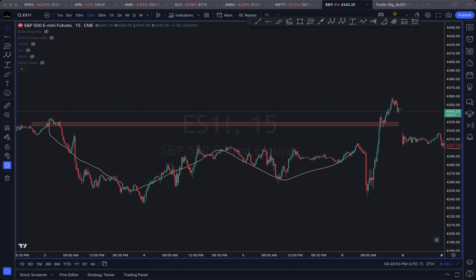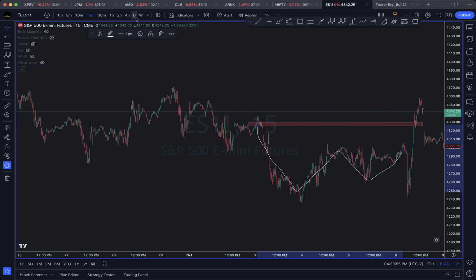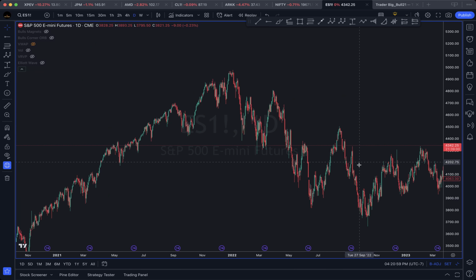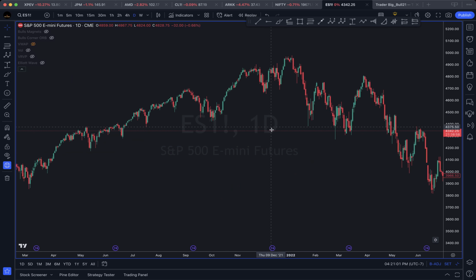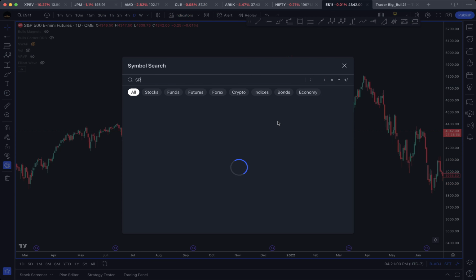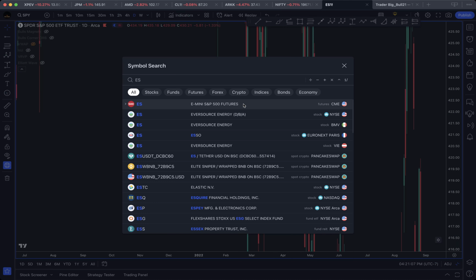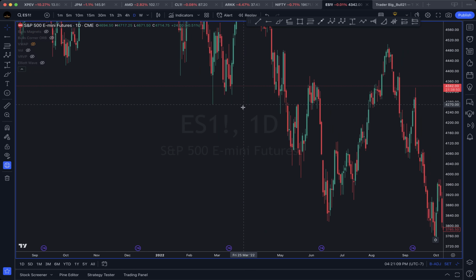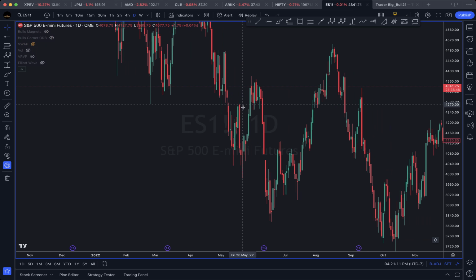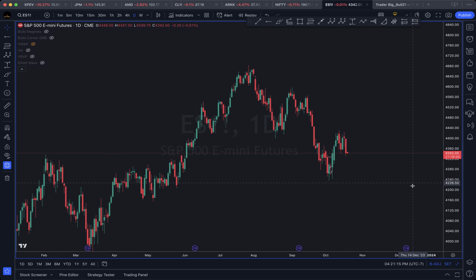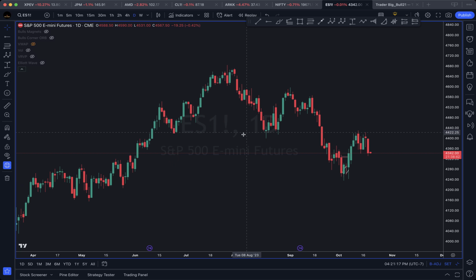It skipped the demand zone on this one. Okay, we'll see why. This one, price didn't come fully to the demand zone right here. That's what you mean.